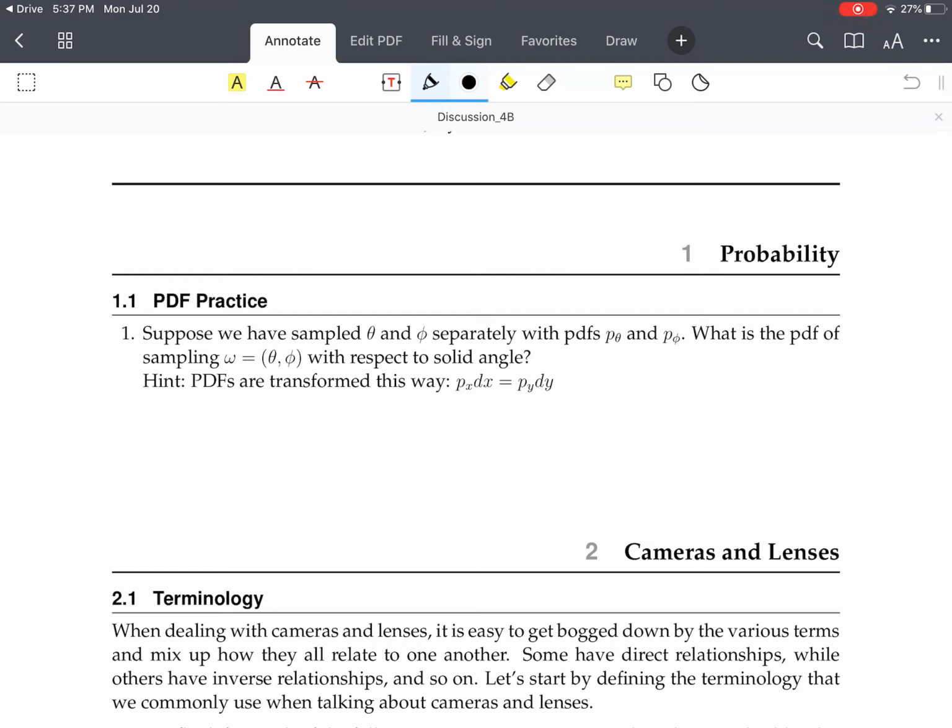There's a hint of how PDFs are transformed with px dx is equal to py dy. Using this hint, we can start by writing p omega d omega is equal to p theta phi d theta phi.